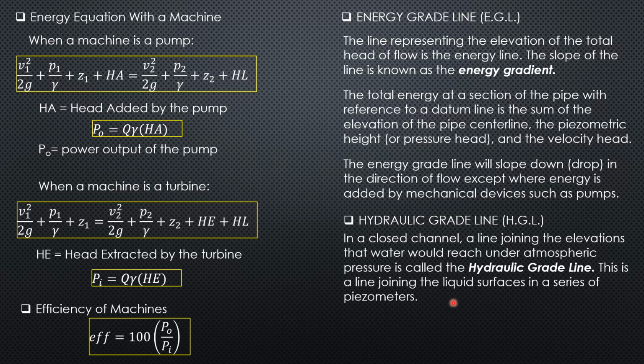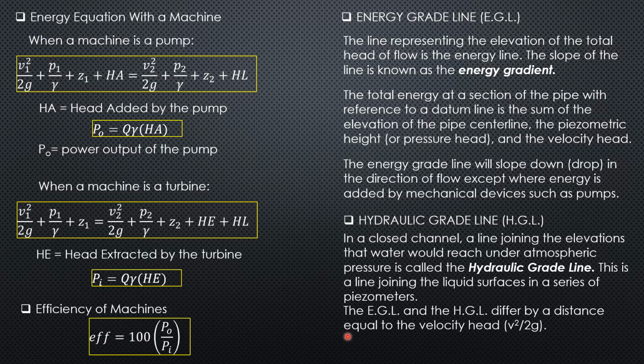The energy grade line and the hydraulic grade line differ by a distance equal to the velocity head, v squared over 2g. If you can recall, the vertical distance between the energy grade line and the hydraulic grade line is the velocity head, with the energy grade line always above the hydraulic grade line. However, the two may coincide.